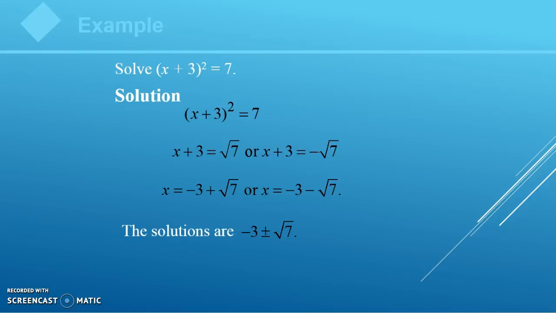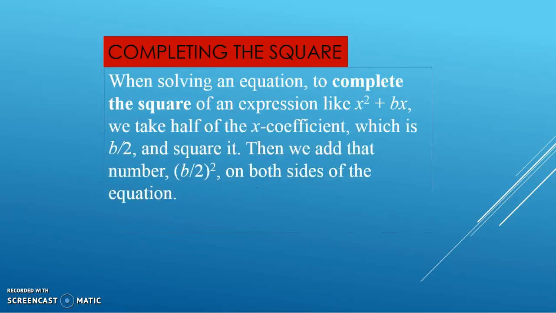The other way that you're going to look at is completing the square. So in order to complete the square, in other words, we're trying to make it look pretty. We're trying to make it be something where we can easily have 2 factors that are the same. So in order to do completing the square, we have to take the x coefficient. So that's the number that's in front of the x term, not the x squared term, the x term. We're going to take that number and take half of it.